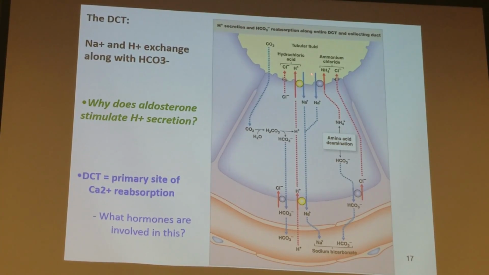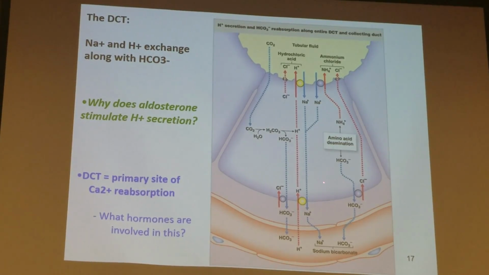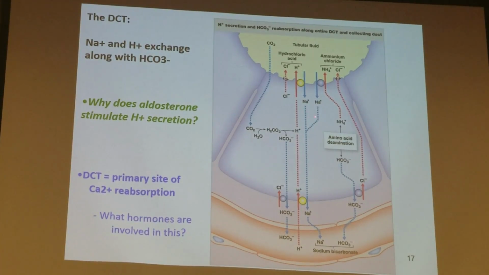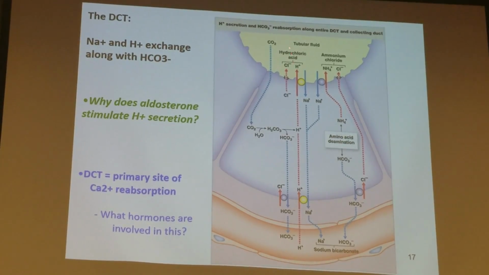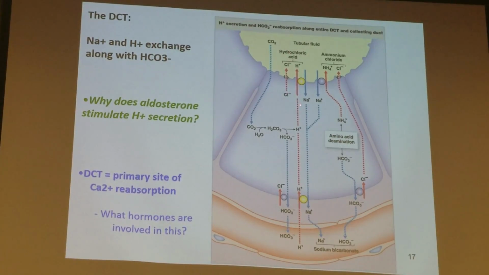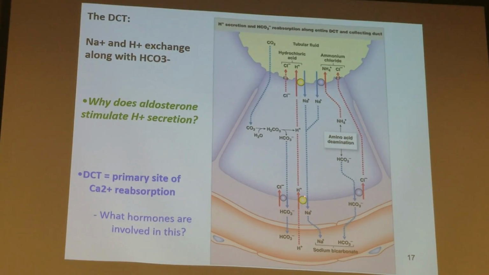So if I have an exchanger that takes sodium out of the filtrate into the cell, and then my imaginary pump to pump the sodium out, the more sodium that can come in means that the exchanger can work faster and I can get rid of more hydrogens. Well, I have another exchanger down here, another sodium hydrogen exchanger.